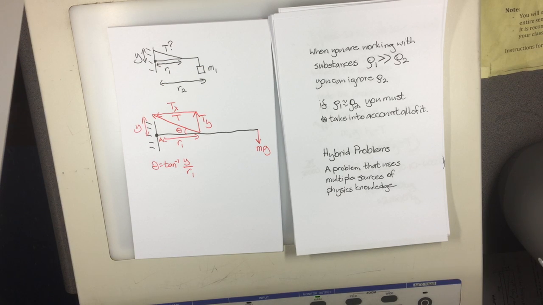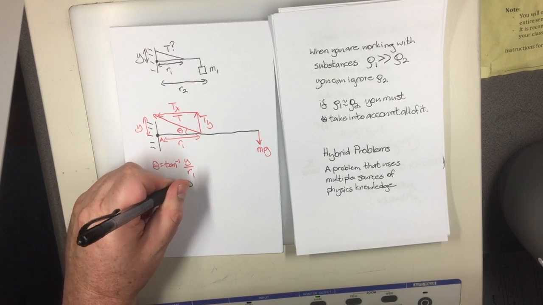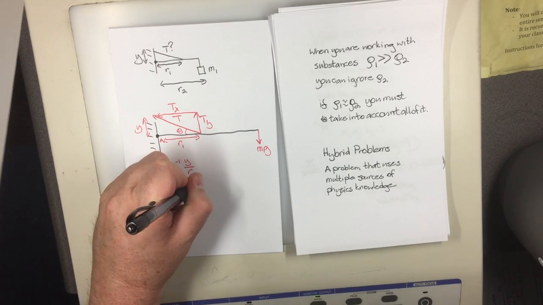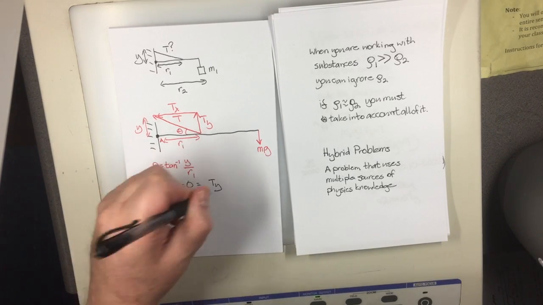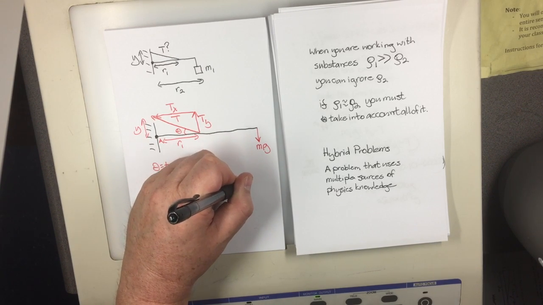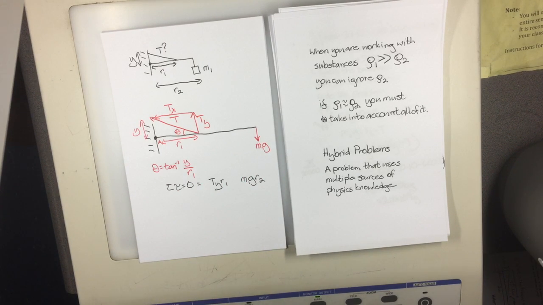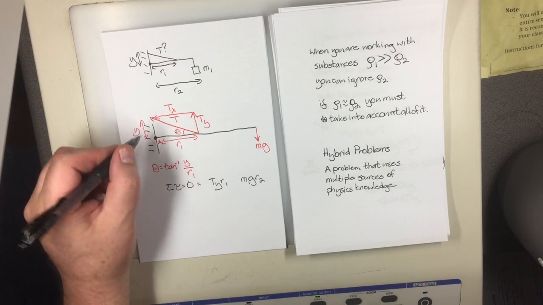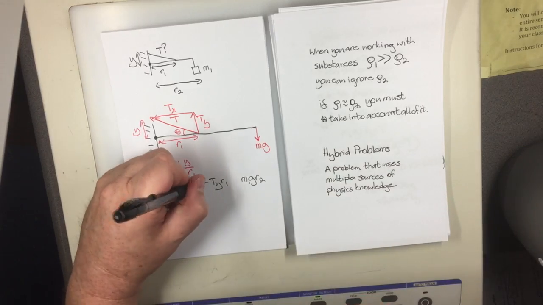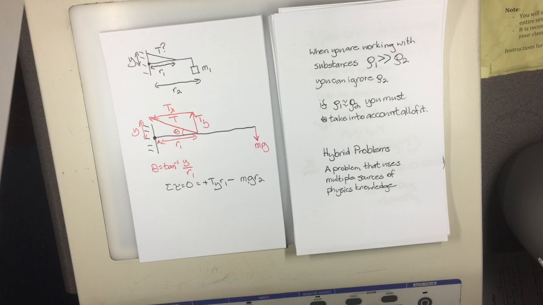Because it's not rotating, because the wire is holding the bar and mass up, we know that the sum of the torques is equal to 0, which means that TyR1 and M1gR2 are our two torques. The signs, to the right, up, positive, to the right, down, negative, would give us this.